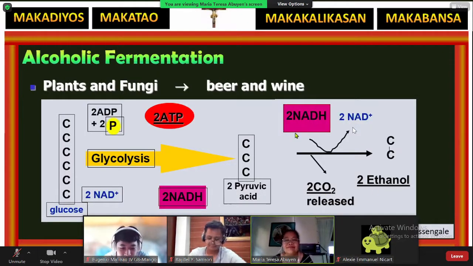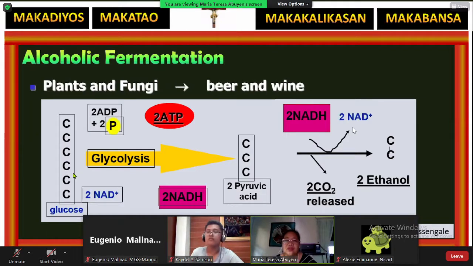Okay. Alcoholic fermentation happens when plant cells and fungi cells don't have available oxygen, so glycolysis will proceed to fermentation. Now, the making of wine, the making of alcoholic drinks requires sugar.